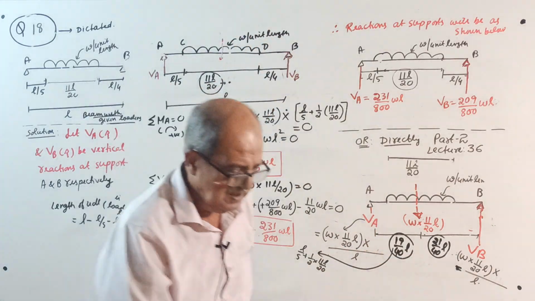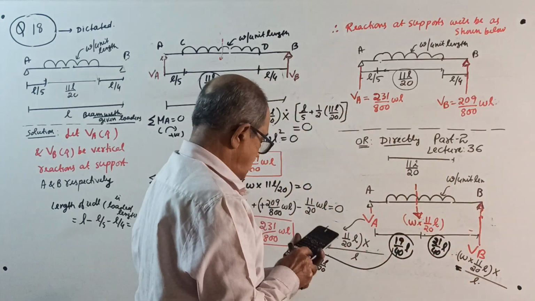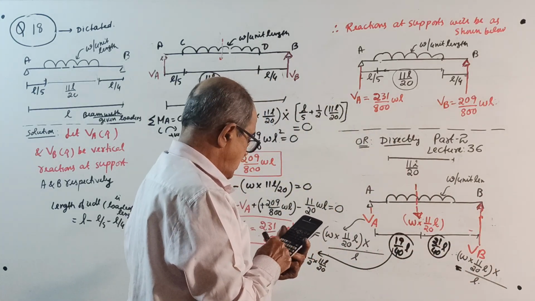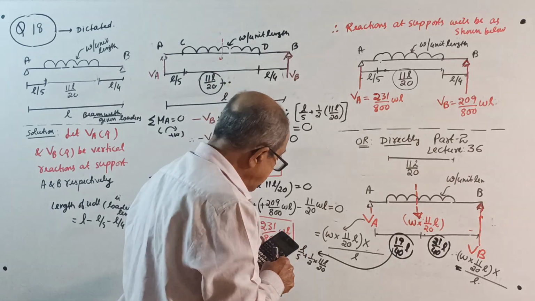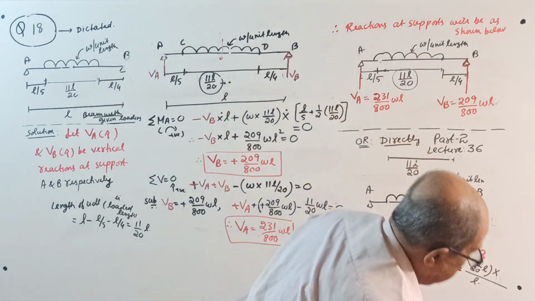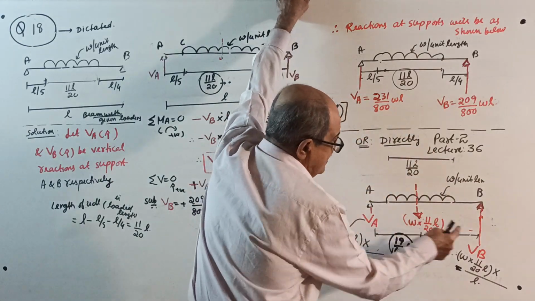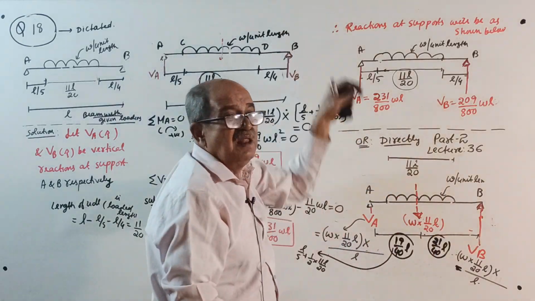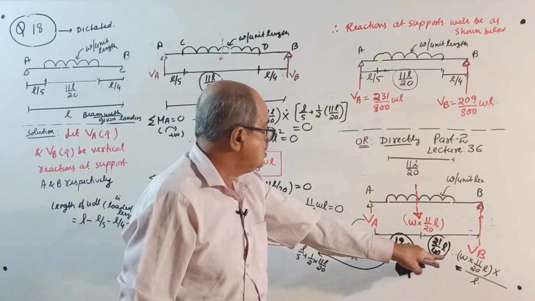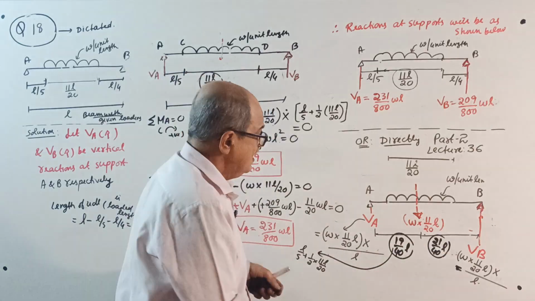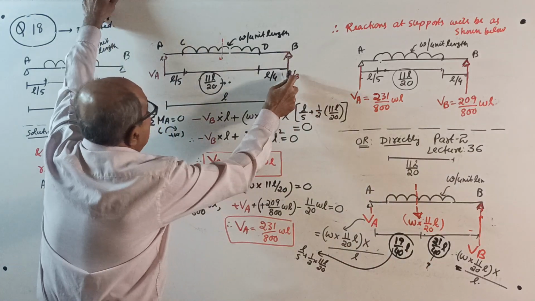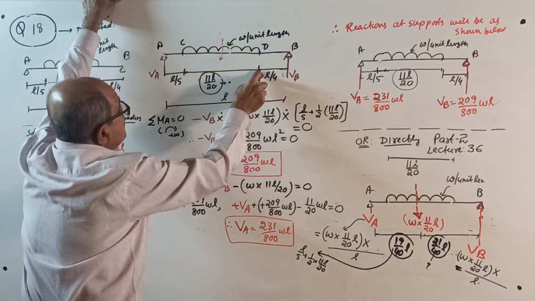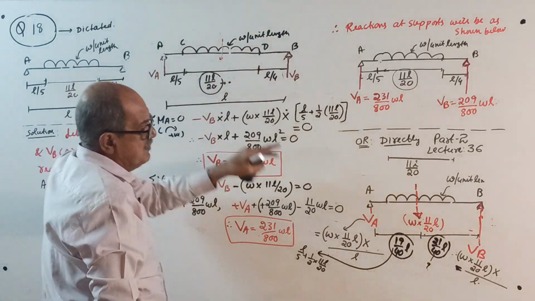Check the answer: 1 by 5 plus half of 11 by 20 is, yes, correct, 19 by 40L. Once it is 19 by 40L, the other distance is L minus 19L by 40, which is 21L by 40. Or, right here, you can write how you got it: L by 4 plus half of 11L by 20.